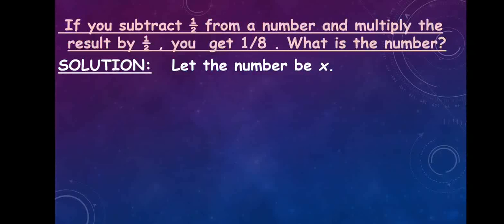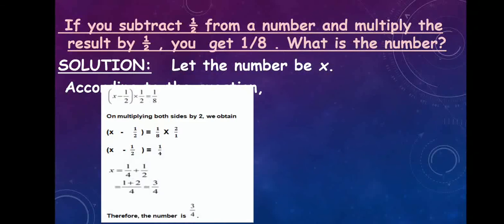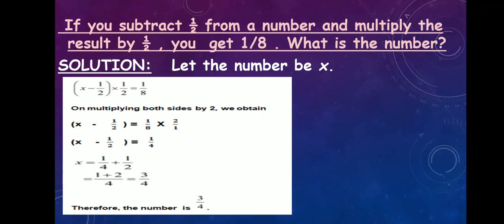That means I'll enclose the first statement in brackets and multiply that bracket by 1 by 2 and get the answer 1 by 8. So let's see the answer. See, bracket x minus 1 by 2 multiplied by 1 by 2 equal to 1 by 8.